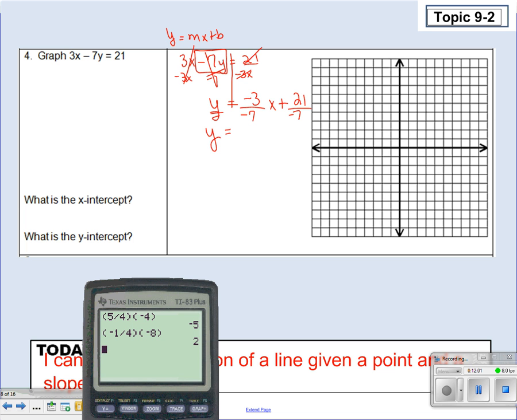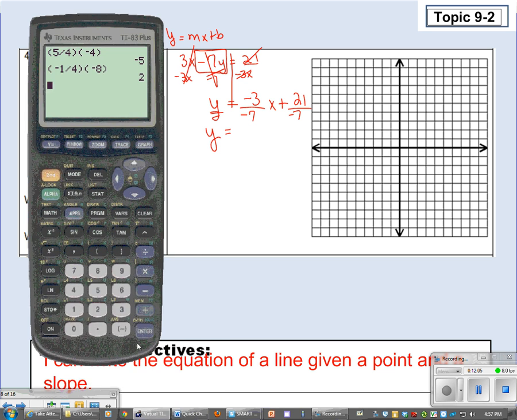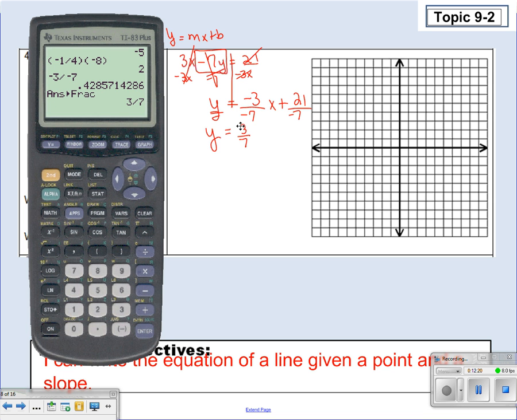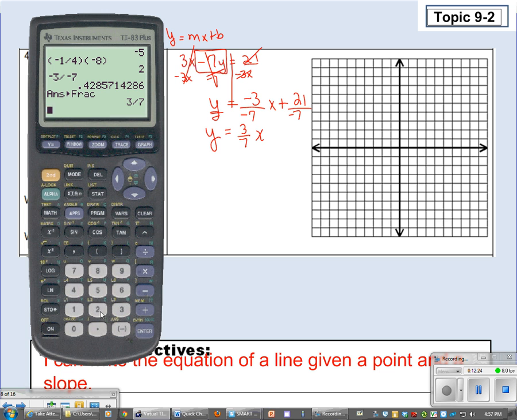Get y equals, if I put the negative 3/7 in the calculator to see what happens, we have a negative 3 divided by a negative 7. Press enter, we got a decimal. I need a fraction in order to graph, so math, enter, enter, gives us a positive 3/7. And then 21 divided by negative 7 gives us a negative 3.